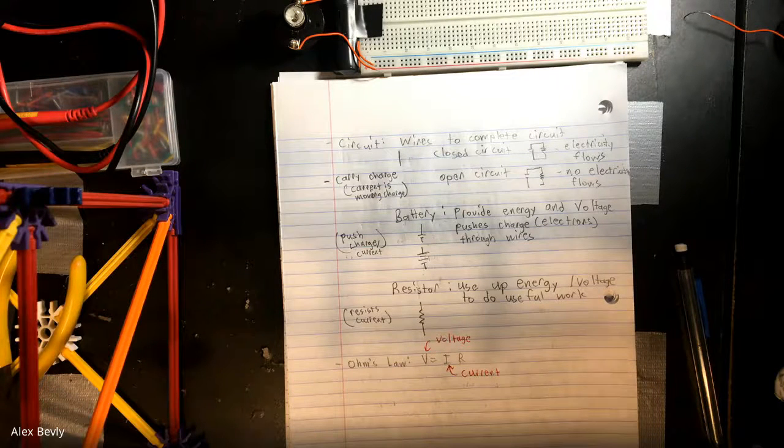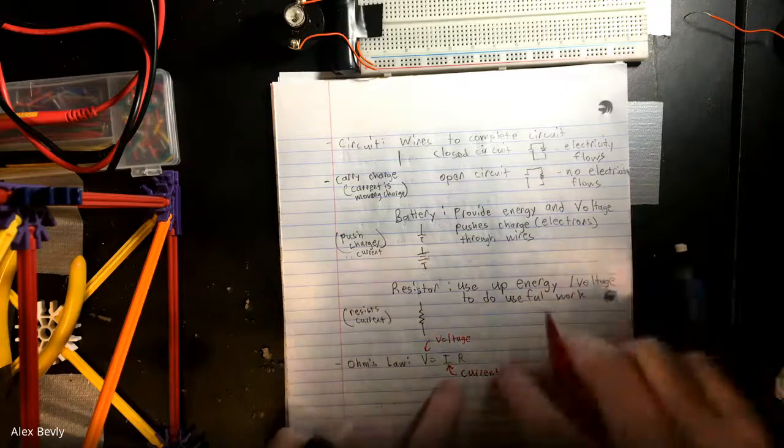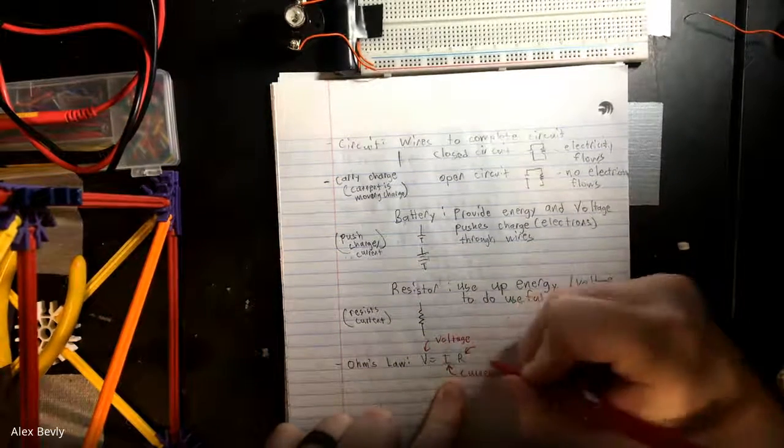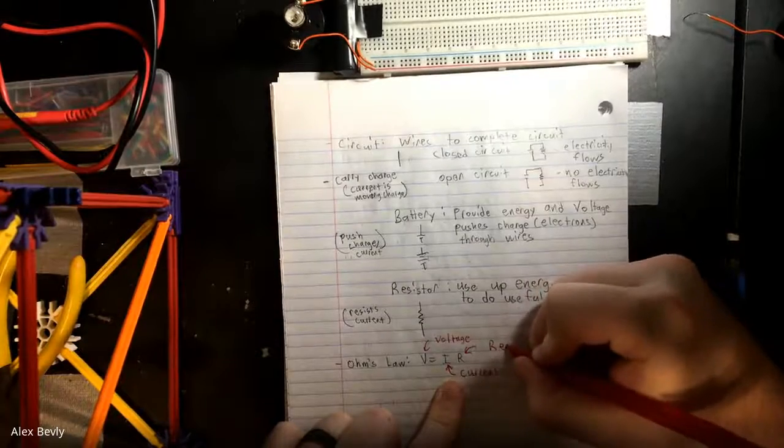A lot of this happened in France. So I don't know what the letter I is derived from, but I think it's something to do with a French word. Sorry, I don't speak French. And then R is going to be our resistance.